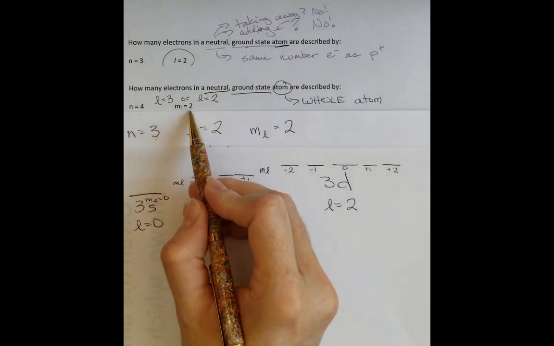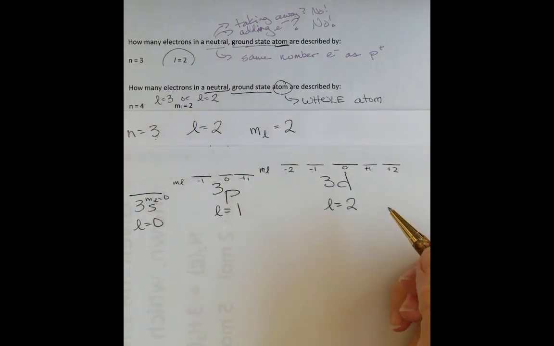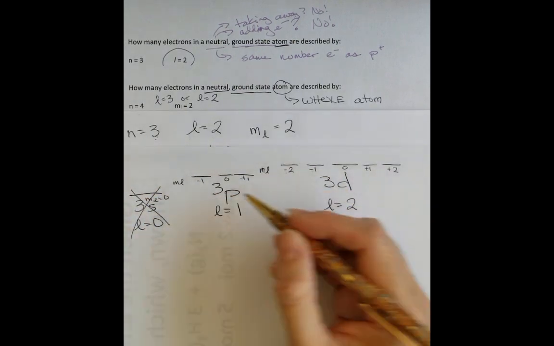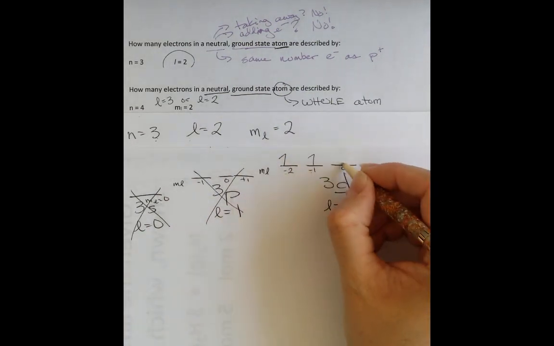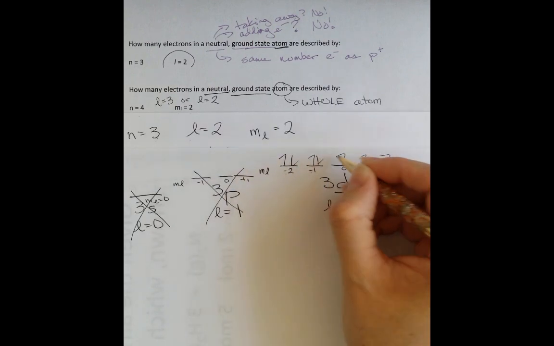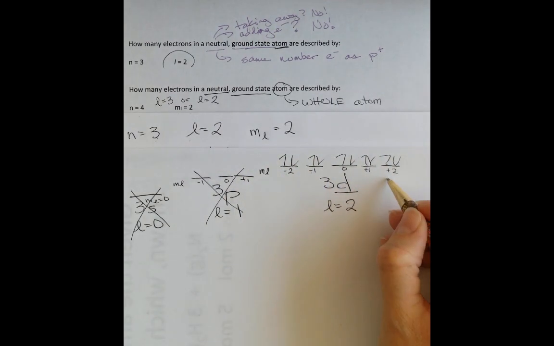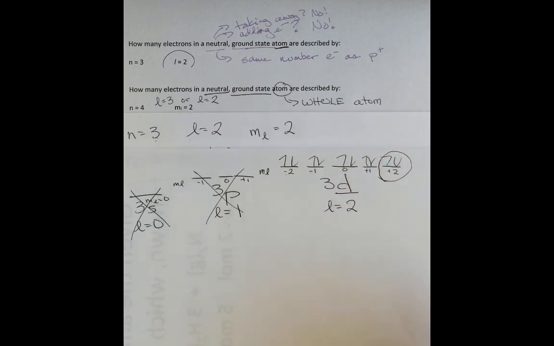So since we know m sub L has to be equal to 2, we don't care about S. We don't care about P either. But we do care about our D subshell. And we can go ahead and put our electrons in. And the number that fit in a 2 orbital are right here.